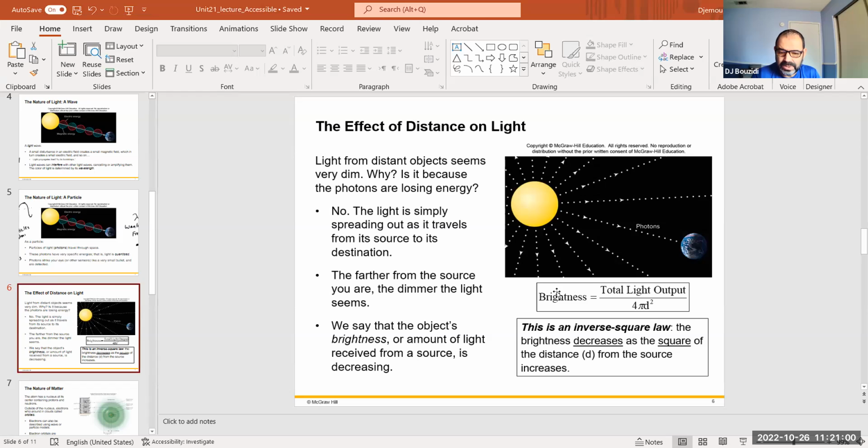So again, as the distance increases, the brightness drops. That's why when you go outside tonight, for example, and look at the stars, some of the stars are much, much, much brighter than the sun, yet they don't outshine the sun during daytime. There are some stars that are outside tonight, the same stars that you would see 6 months from today, that are outside right now if you go out.